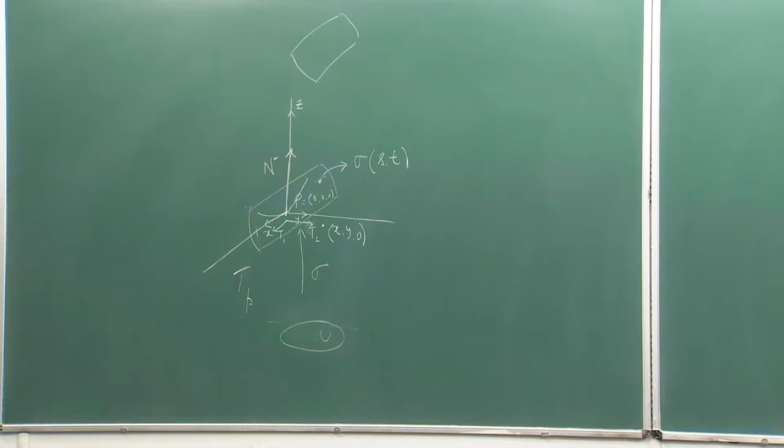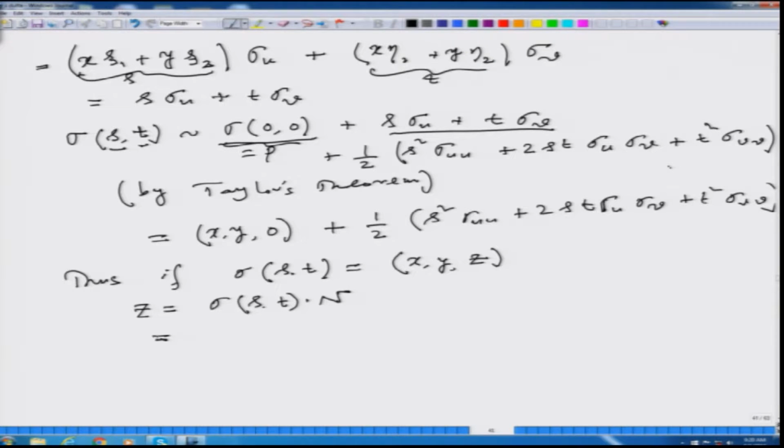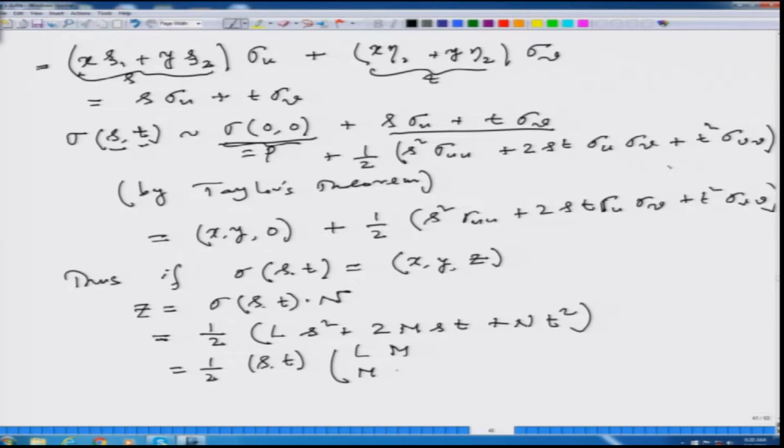Correct, which we know is half of L s square plus 2 m s t plus n t square, or half of s t times the matrix L m, m n. This is where the second fundamental form comes in. Did you understand how it follows? If I take the dot product of this fellow with n, this is in the x y plane, n is the z axis.